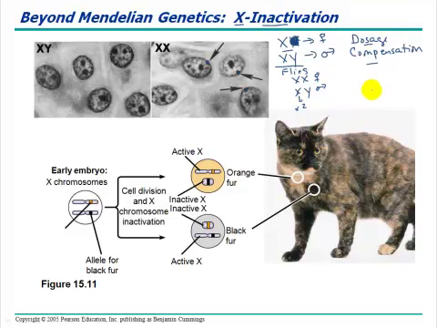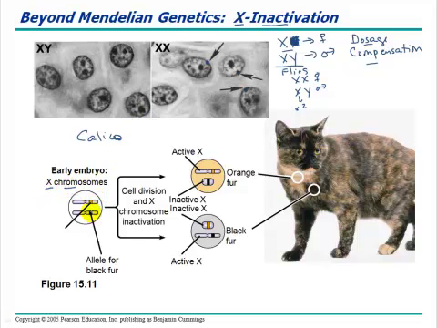We can see interesting phenotypic effects that arise from X inactivation when we have heterozygous genotypes for genes on the X. So a nice example of this is calico cats. It turns out that that black versus orange pigmentation pattern is determined by a gene on the X chromosome. And so we have two alleles.